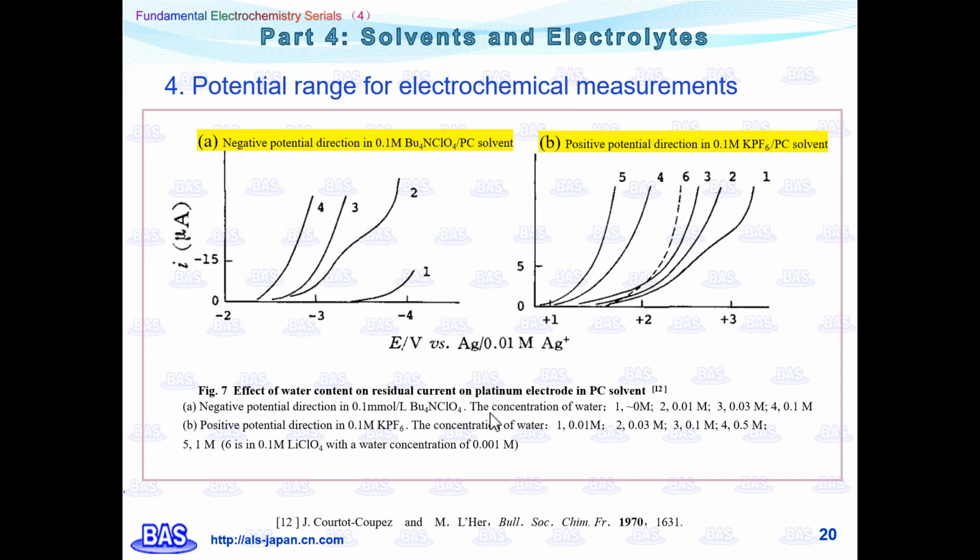In propylene carbonate solvent, the negative potential limit gradually moves in the positive direction as the concentration of water increases. At the same time, the positive potential limit moves in the negative direction. For these reasons, the potential limit of the platinum electrode changes significantly depending on the purity of the solvent.